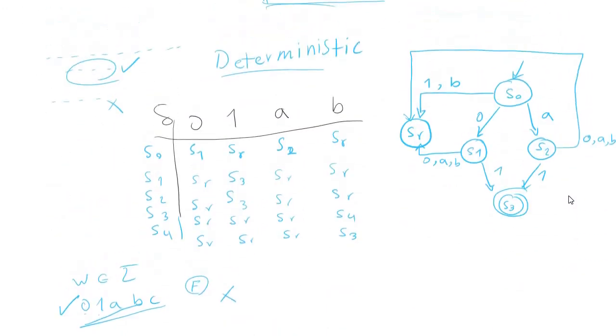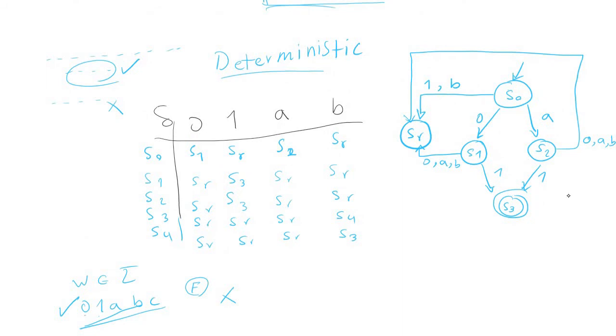Let's continue and finish this drawing. From state 3 we have B going to state 4, and as before, for other values we can only go to the rejected state R, and when we are in R we cannot go anywhere else.